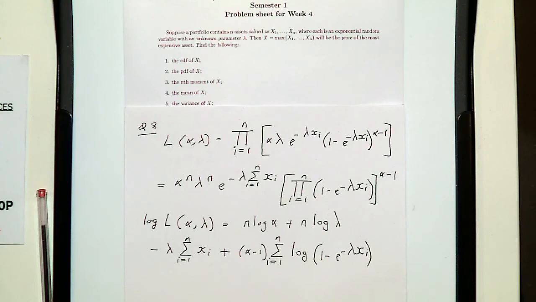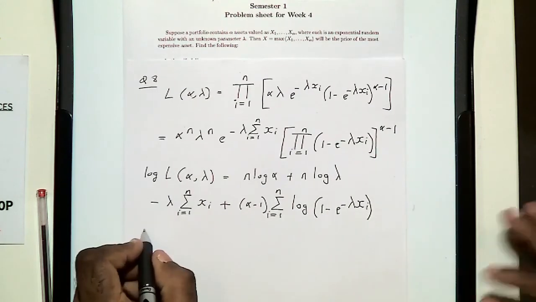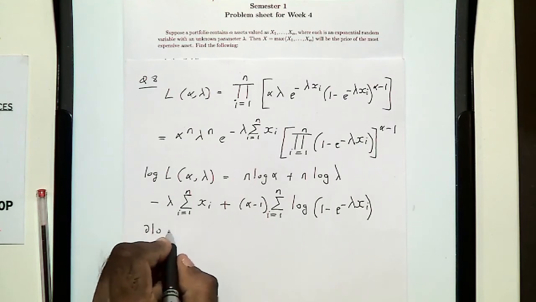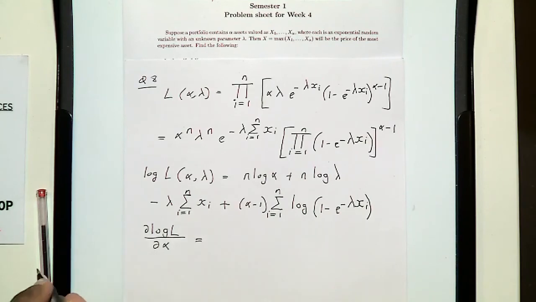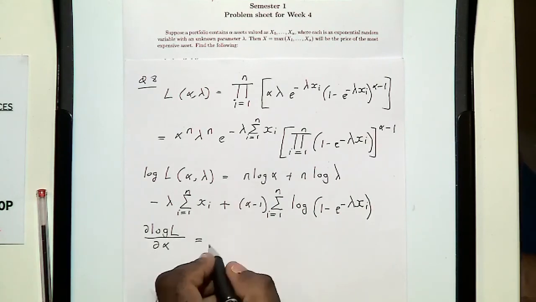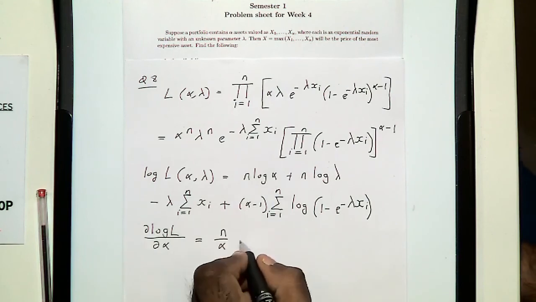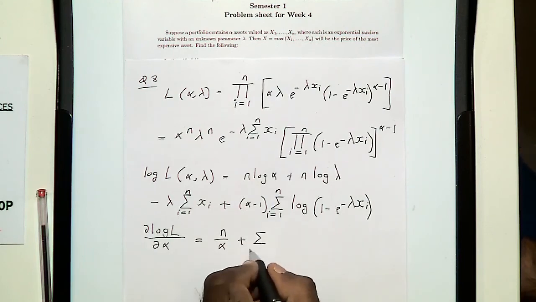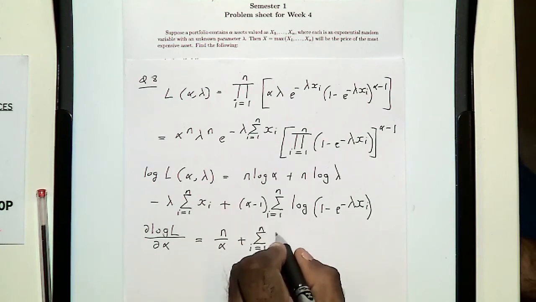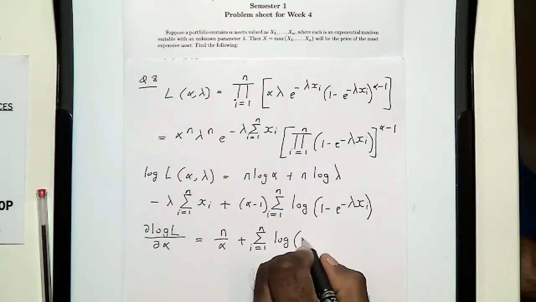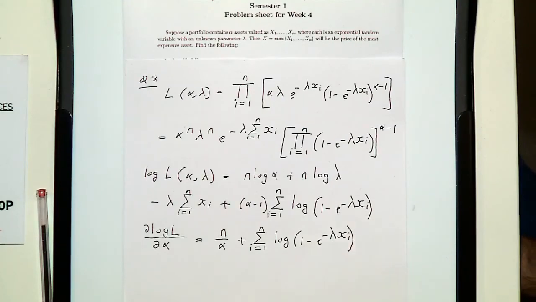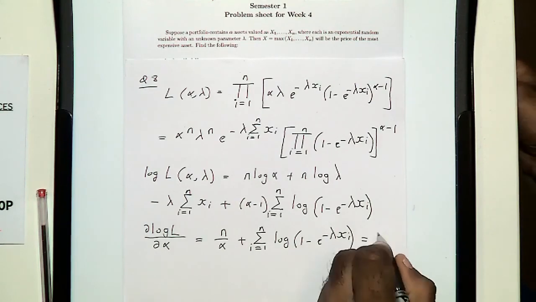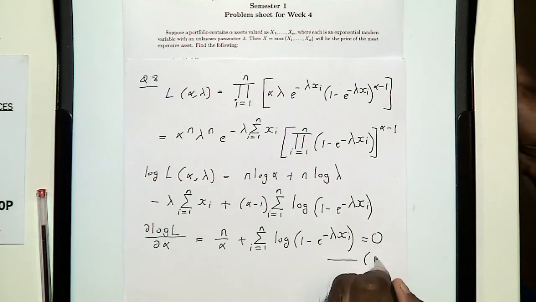So let's first take the partial derivative with respect to lambda. You get this, and you have to set this to 0. Call this equation 1.